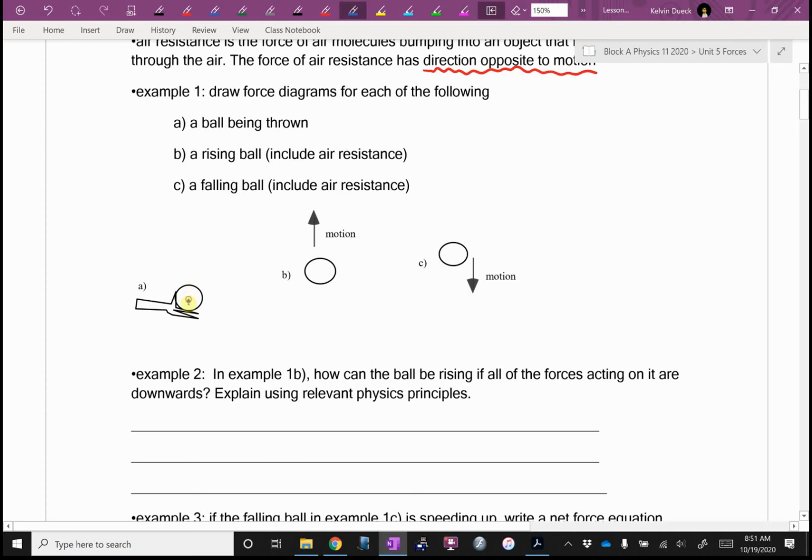So while I'm throwing the ball, what are the forces acting on it? Get the obvious one. What else? Is there another force? There must be. How do I know? Which way is the ball accelerating while it's in my hand?